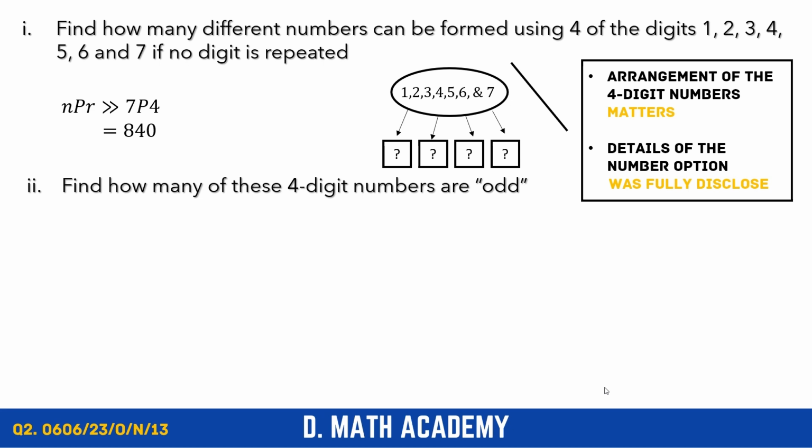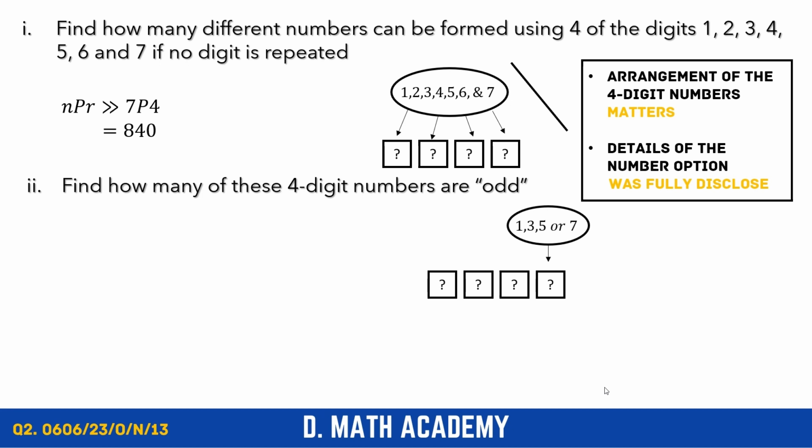For the next one, find how many of these 4-digit numbers are odd. The key assessment of this question is on the odd number, which means we have to put a restriction on the last digit. We have 1, 3, 5, and 7 that qualify as odd numbers. So for the last digit, we will set it as 4P1.